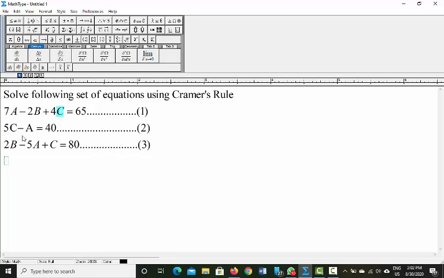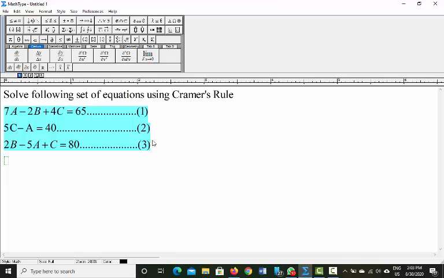In real life, you may need to solve a very big set of equations with multiple different variables. You may have to solve 10 different equations with 10 different variables. If you have only 3 variables, you can use a calculator and solve the equations directly.